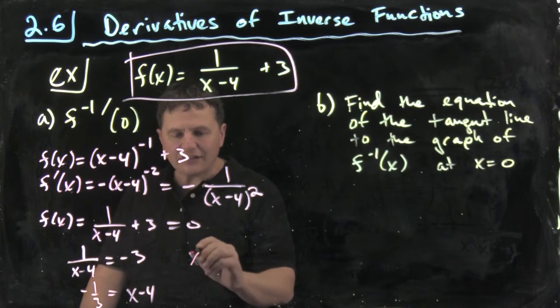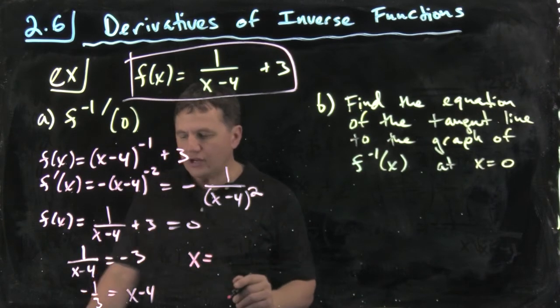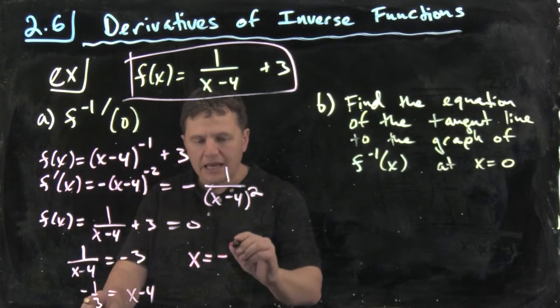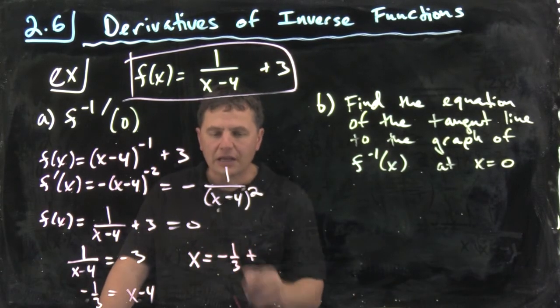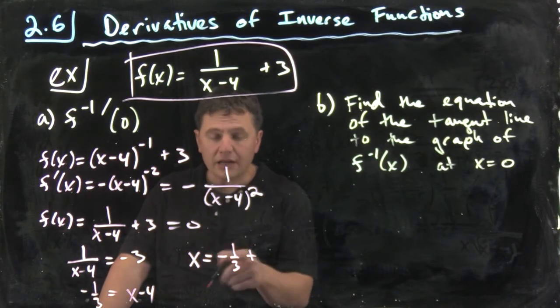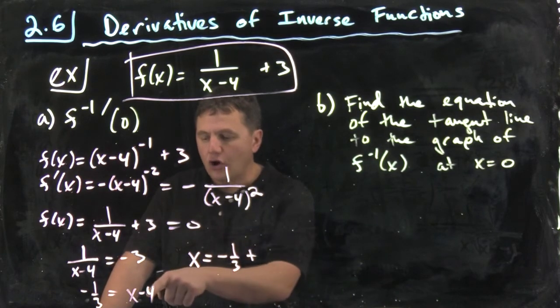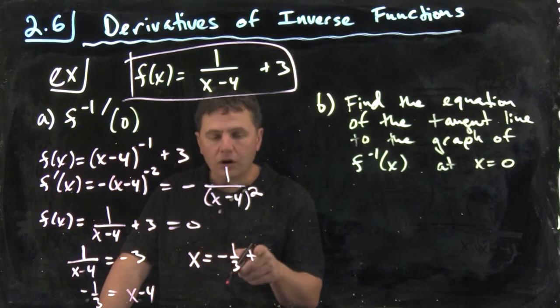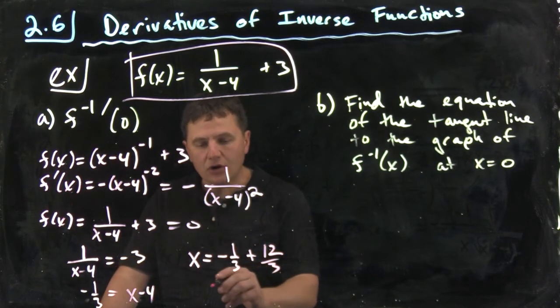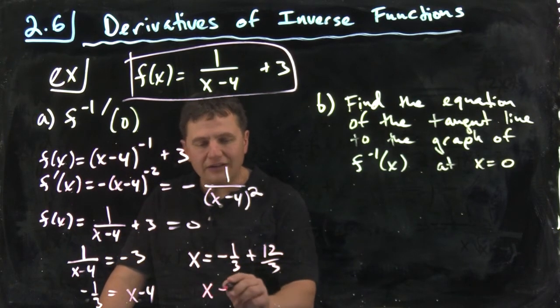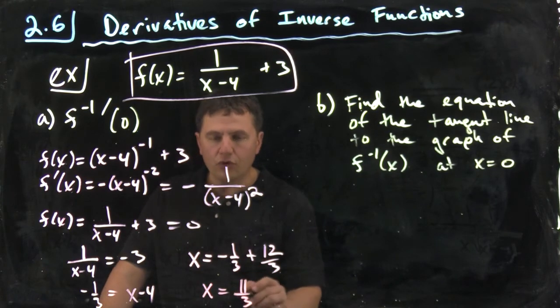So my x that I'm going to be interested in, unfortunately it is going to be a fraction, is going to be negative 1/3 plus 4. Now, since I need to add these fractions, let's call 4 12 over 3, so we have that common denominator. So what we're talking about is x equals 11/3.